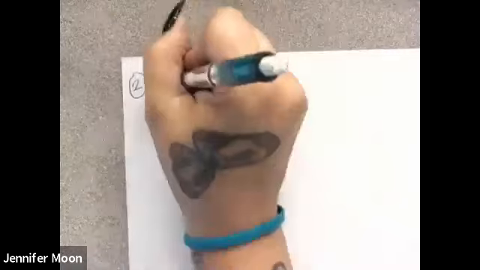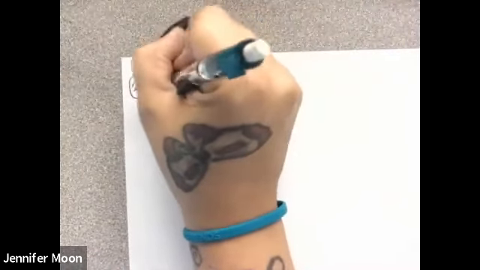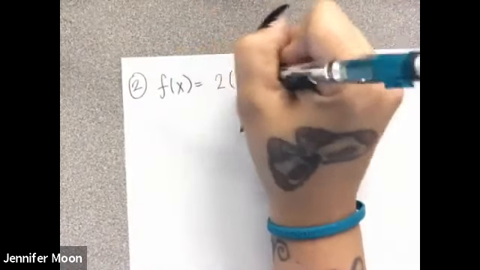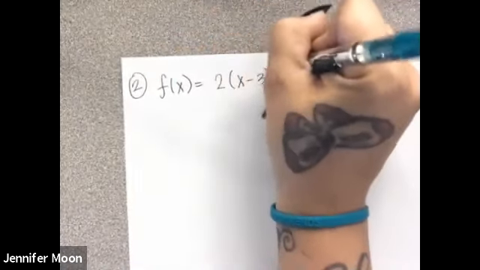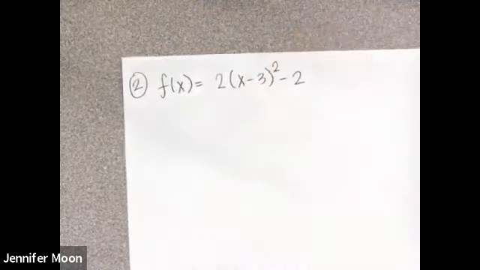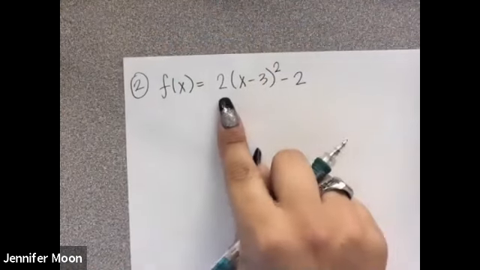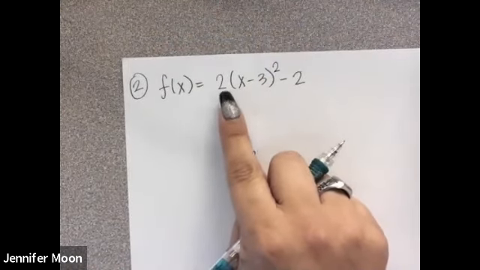The function itself is f of x equals 2 open, x minus 3 close squared, and then a negative 2. So as far as this opening up or down, that depends on my a. In this form, that's my a, right?